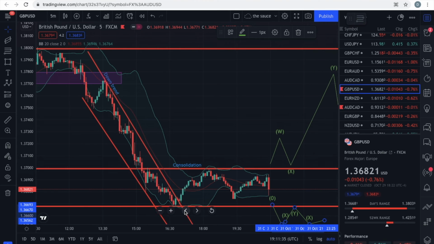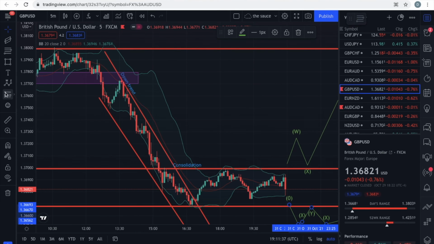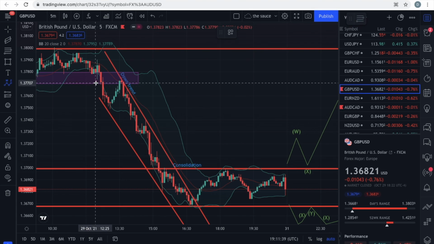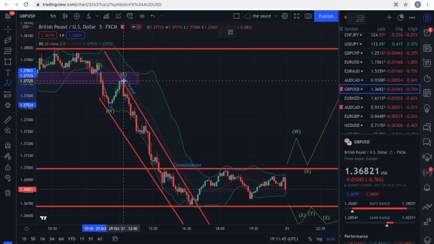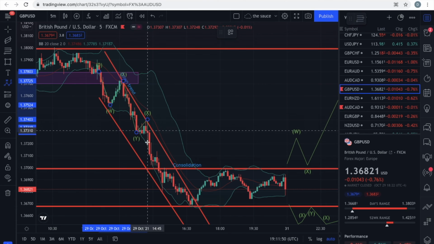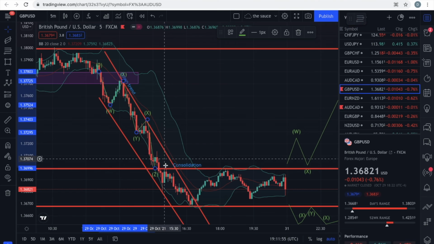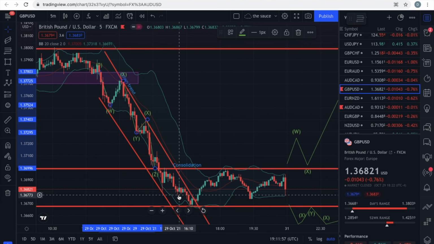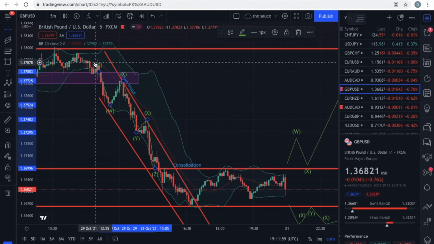I'm going to show you in the example right here. Starts here, the break, the retest, down, up, down. You see what I'm talking about? This is it on the example.